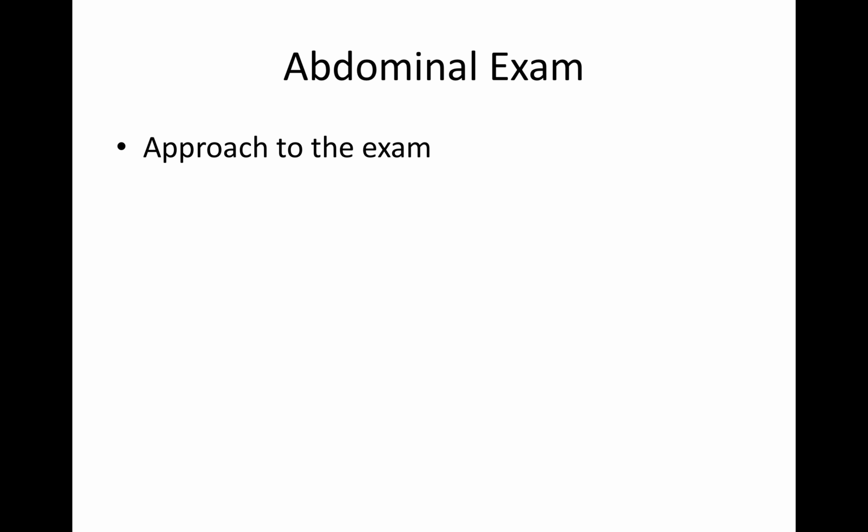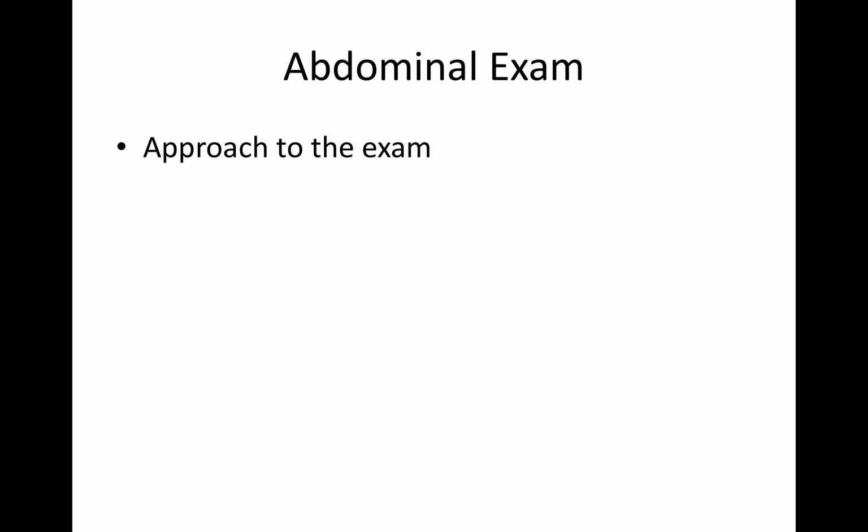Approach to the abdominal exam. We talked a little bit already about the regional conditions that cause abdominal pain. General points about the approach to the abdominal exam we want you to know for the exam are: make sure that when you have the patient get ready for the abdominal exam, they have gone to the bathroom first, so their bladder is empty.